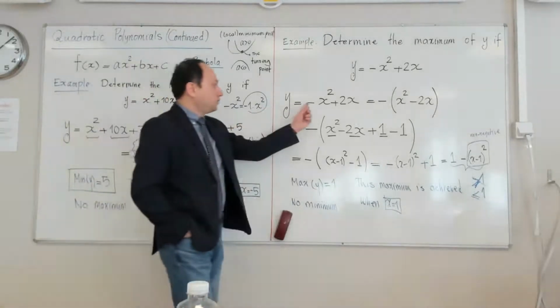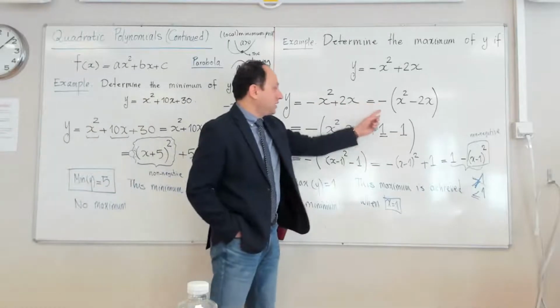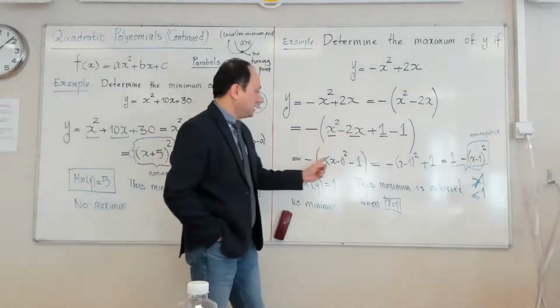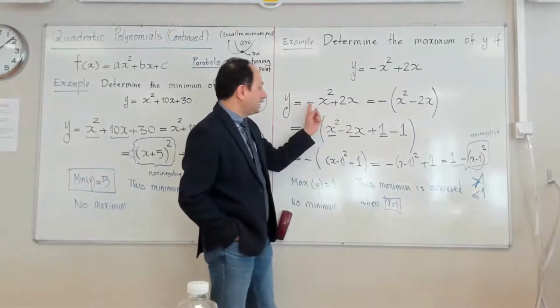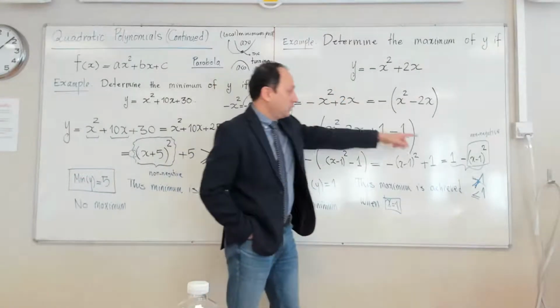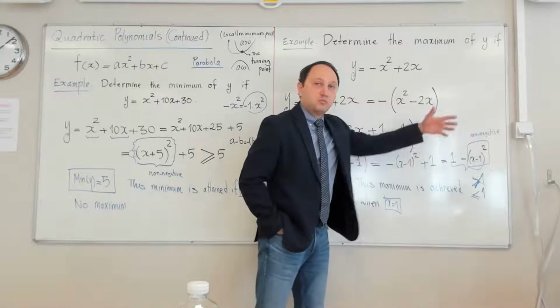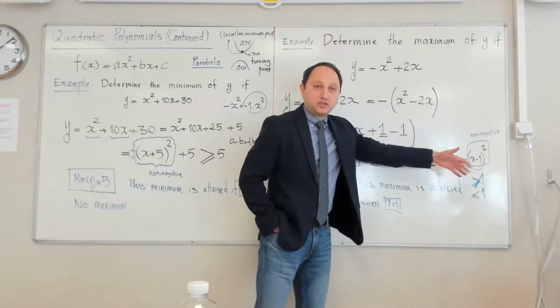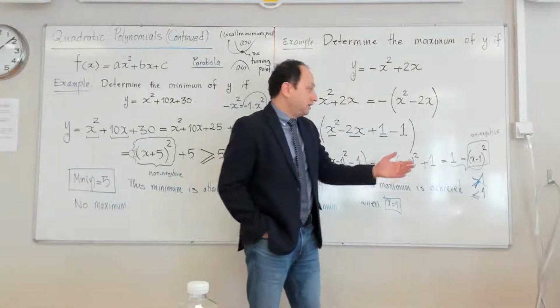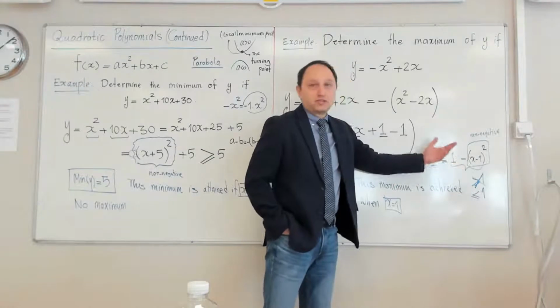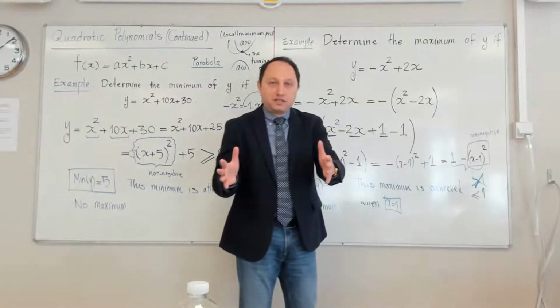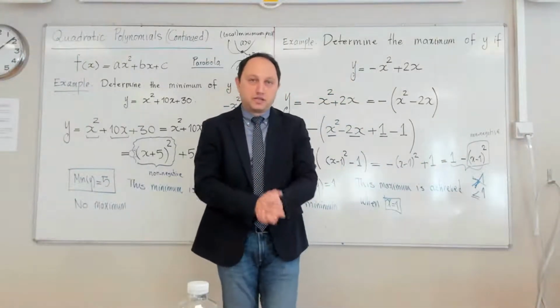But when I started with a negative sign, this negative sign has a crucial effect here. Finally, this negative sign was the one which appeared here. And then I have 1 minus a positive number. So it means that I can talk about the maximum value because I am subtracting a positive number from a constant number.